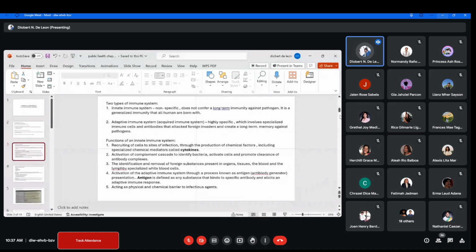And there are two types of immune system. We have the innate immune system. And we have the adaptive immune system, or it's also called acquired immune system.